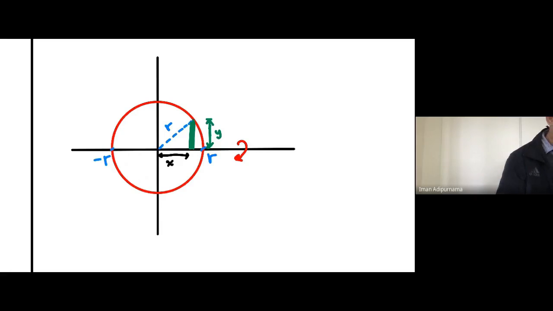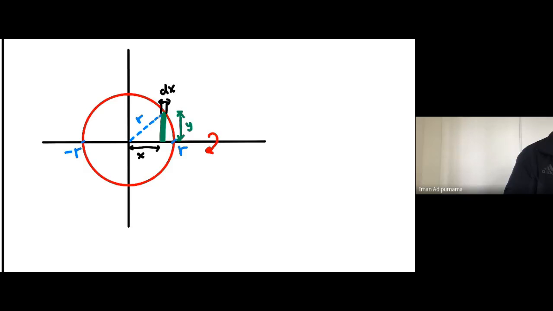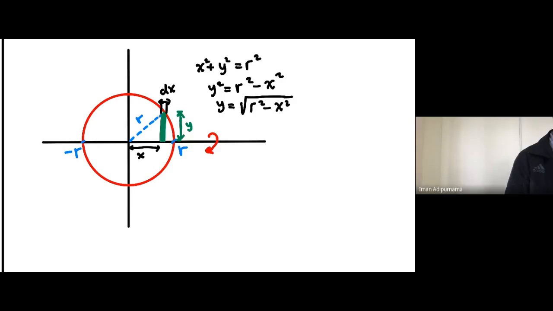Let's say this is x, and this will be dx, right? And then let's define the relations between x and y and r. Okay, so x squared plus y squared is r squared, right? Now, because we are using dx, let's define y in terms of x. So y squared will be r squared minus x squared, and y will be the square root of r squared minus x squared.